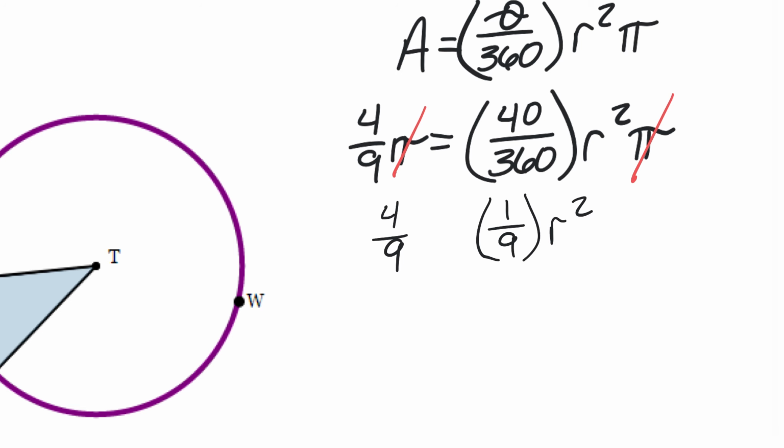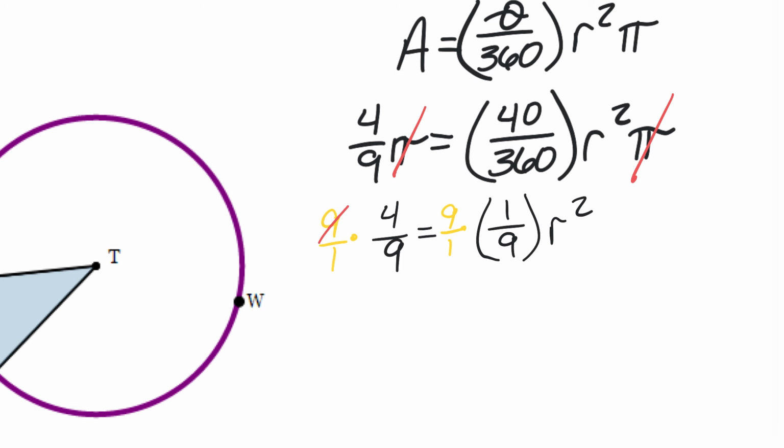We have 4/9 equals 1/9 r squared. Again, I don't want to divide a fraction by a fraction. It's much easier to multiply times its reciprocal, and the reciprocal of 1/9 is 9, but we're going to leave it as 9 over 1.